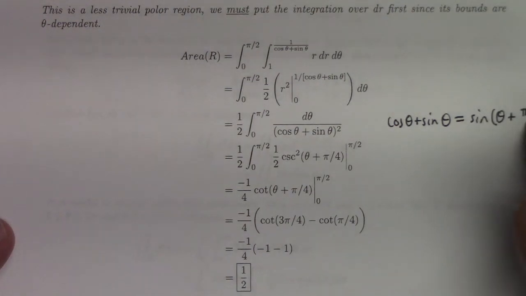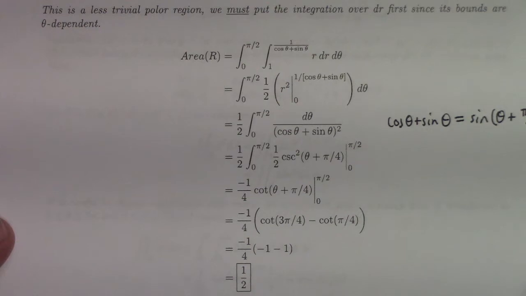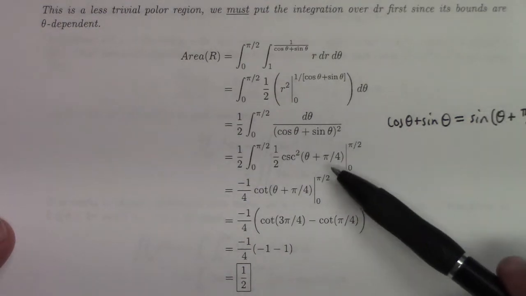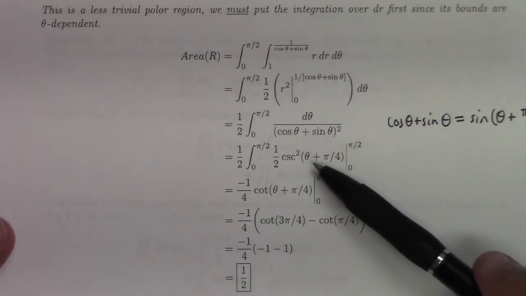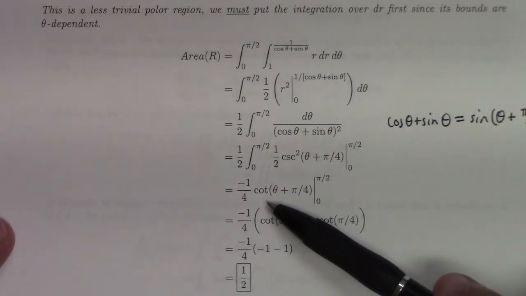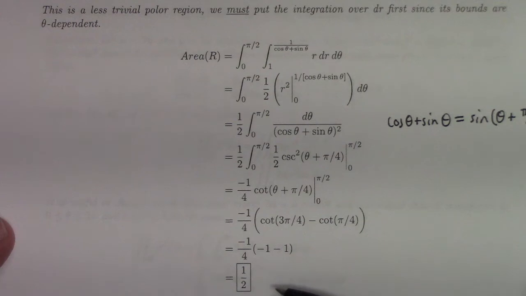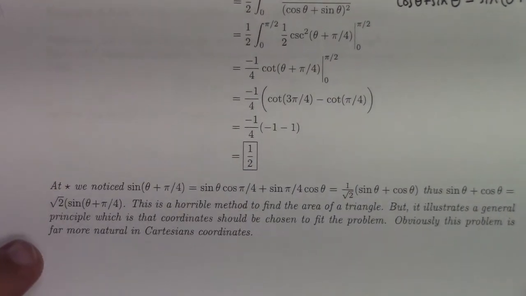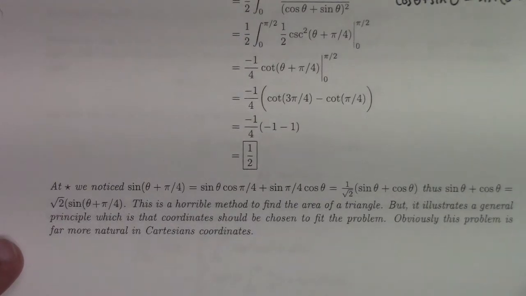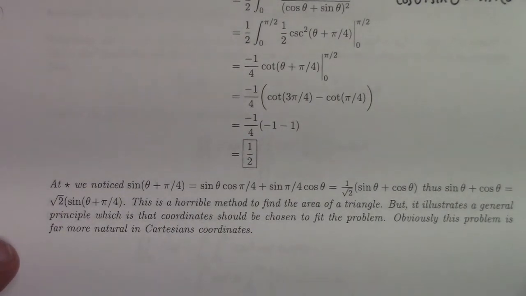Everybody knows that, right? So when you have the square of the reciprocal of this, that's the cosecant squared, and the integral of cosecant squared is minus cotangent, and so yeah. There you go. The area of a triangle with a base and a height of both 1 is 1/2.